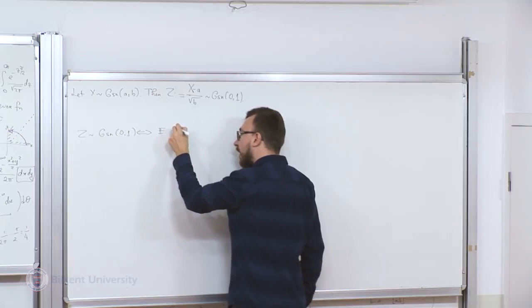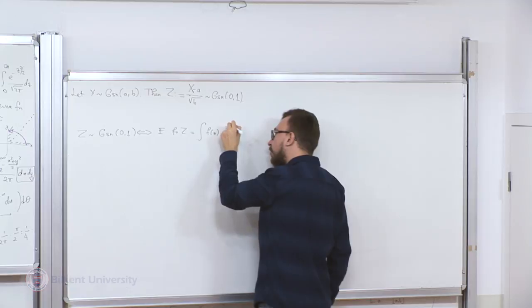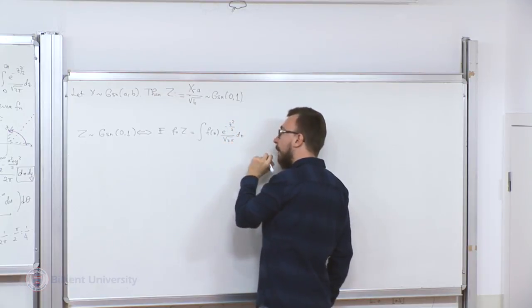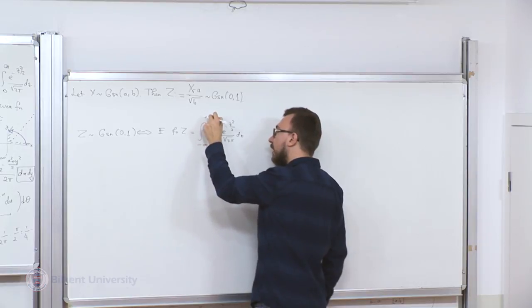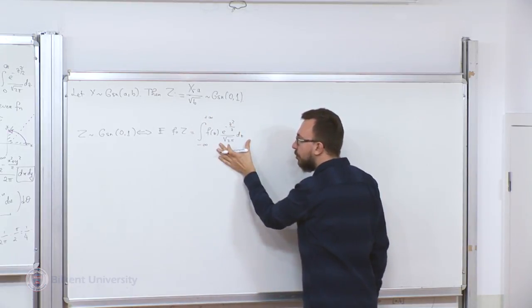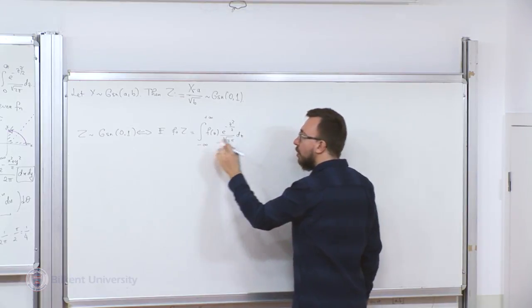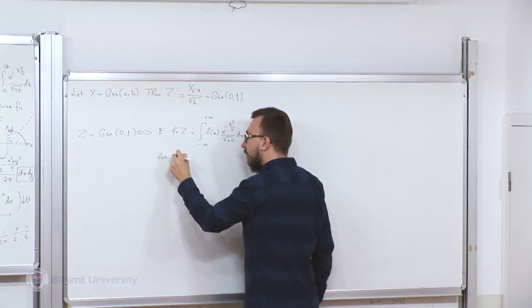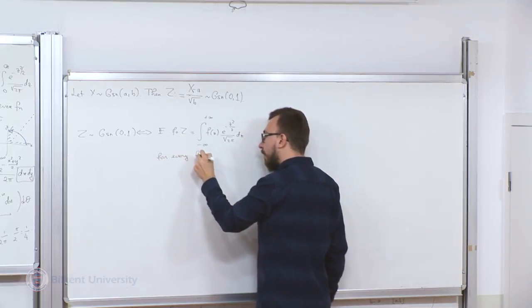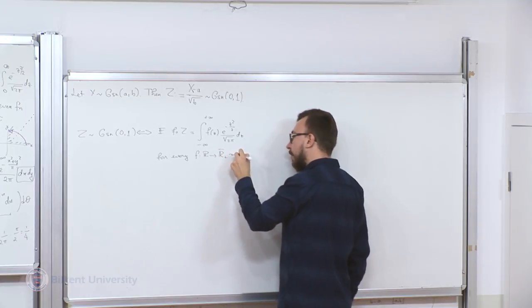Expected value of f of z is the integral of f of z times e to negative z squared over 2, over root 2 pi, dz from minus to plus infinity. So f of z times the density, which is the distribution, times Lebesgue measure. So show this for every f from R to R bar positive measurable.